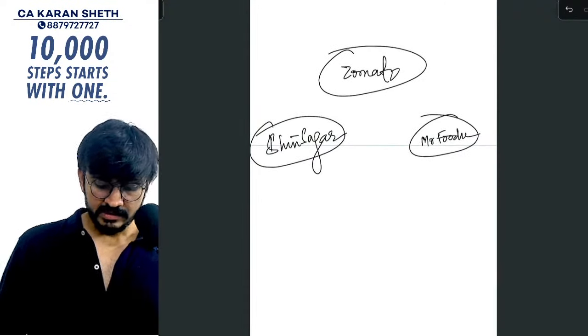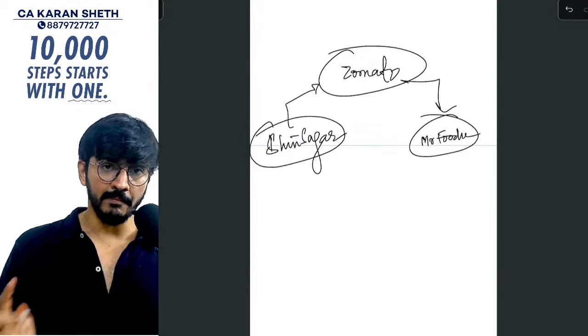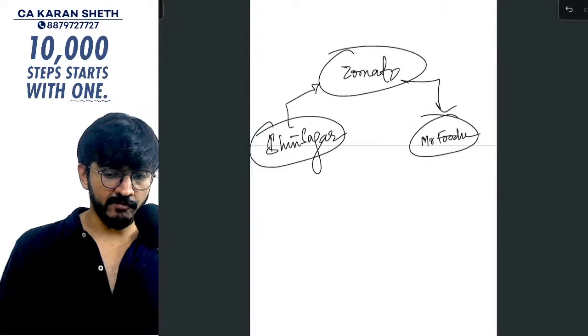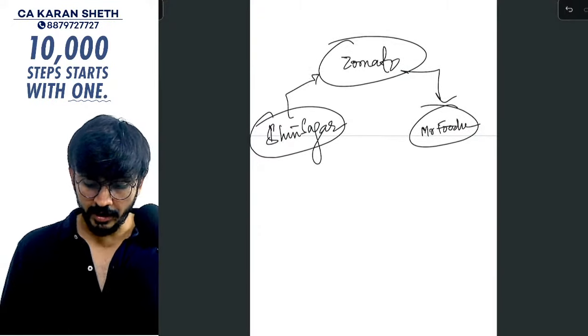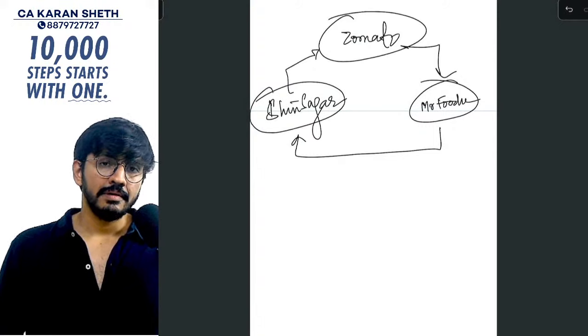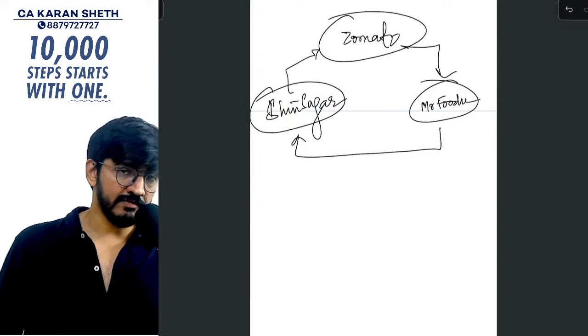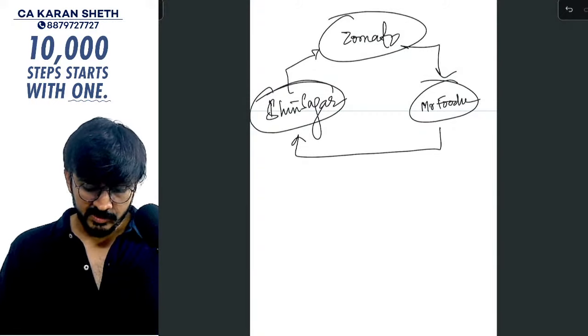So here Shiv Sagar gives food, Zomato delivers it to Mr. Foodie. Let's say Mr. Foodie in our case is Mr. SS or Soreen or Rajvi. Now this guy pays the money. Now in this case, understand one thing, my dear friends. You will not check the status of supplier.